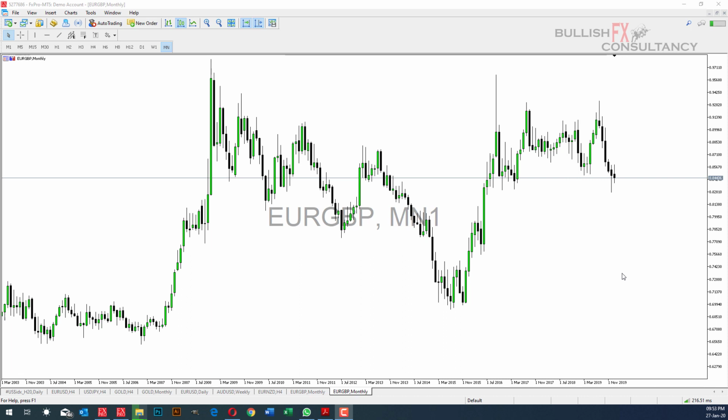Right, first things first, we are on our monthly chart. This is a pair that we have never looked at, so we don't know where the levels are, and we have to first define the levels that we need to talk about.